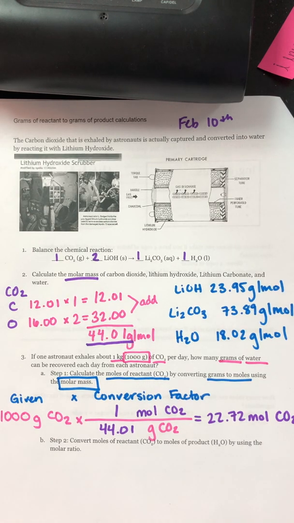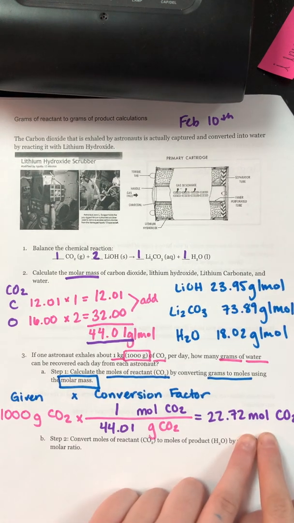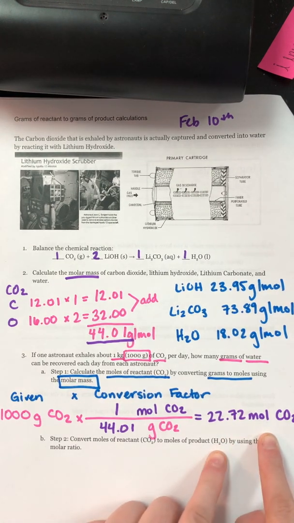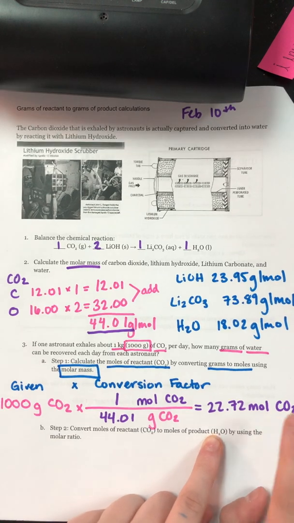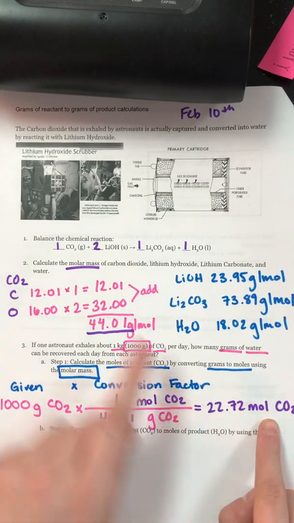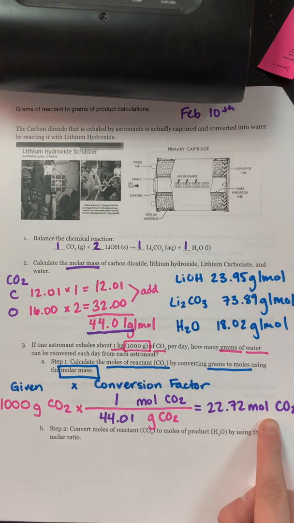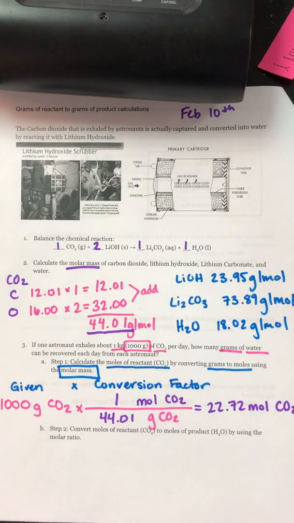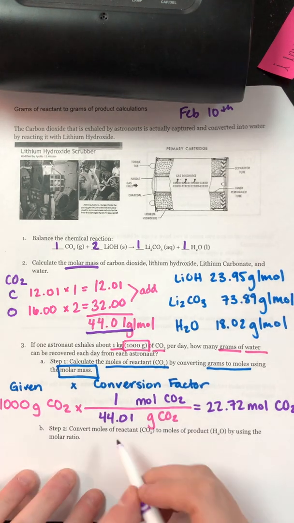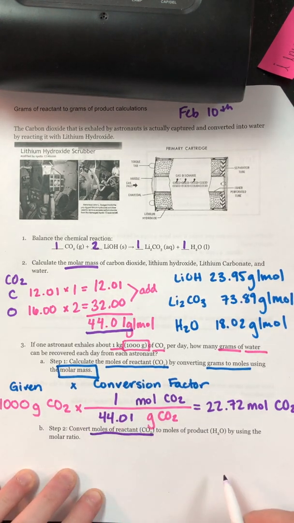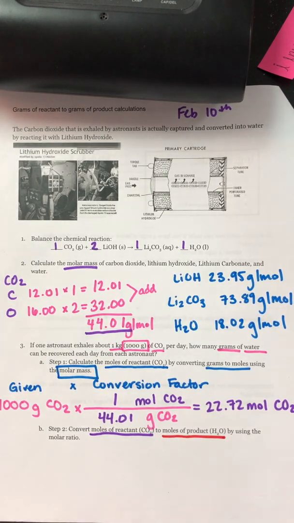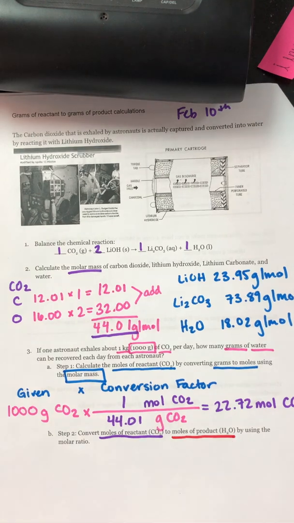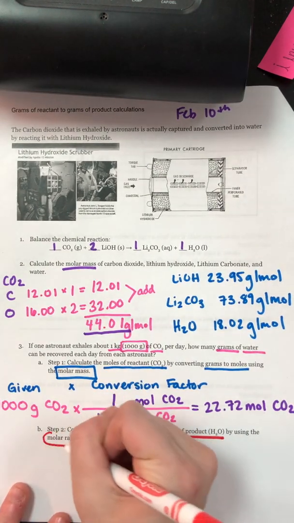The next step is we're going to figure out how many moles of water you can actually make from this amount of carbon dioxide. So if we react this much carbon dioxide with that lithium hydroxide, how much water are we going to get? The way we do that is convert moles of reactant, which we just found, to moles of product. In this case, we care about the water product. We're going to do that using the molar ratio.